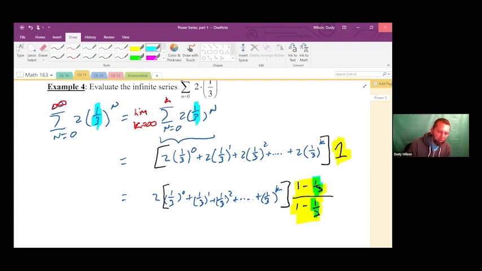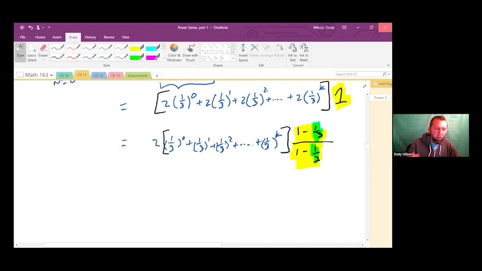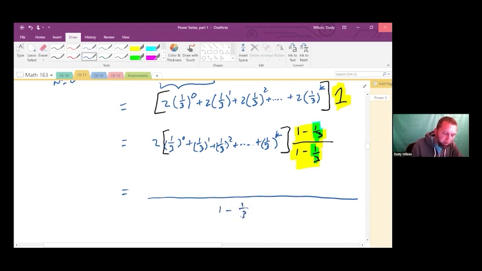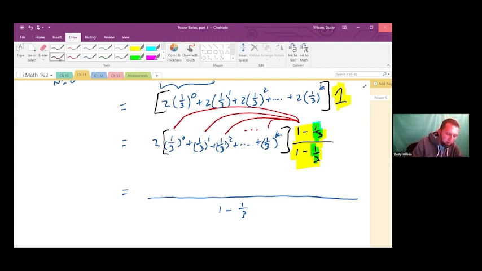Okay, let's see what happens. What I'm going to do next is distribute in the numerator. My denominator is going to stay the same, so I'm going to have 1 minus 1/3. But in the numerator, I'm going to distribute the 1 to each of these terms, all the way through that dot, dot, dot. And of course, there's a 2 living on the outside of all this stuff.